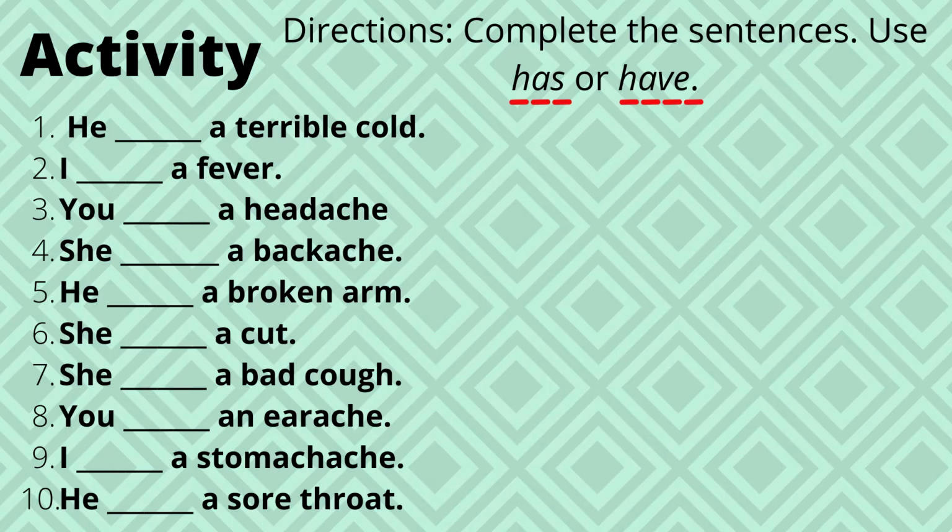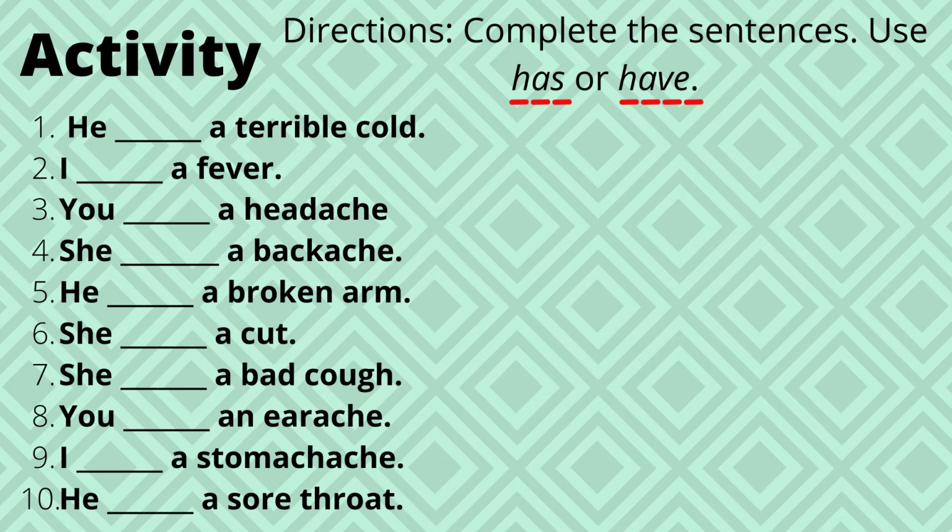Let's go ahead and look at the activity on the screen. On the screen, you see 10 sentences. You need to choose either the word has or have to complete the sentence. Go ahead and pause the video, write down these sentences and your answer.